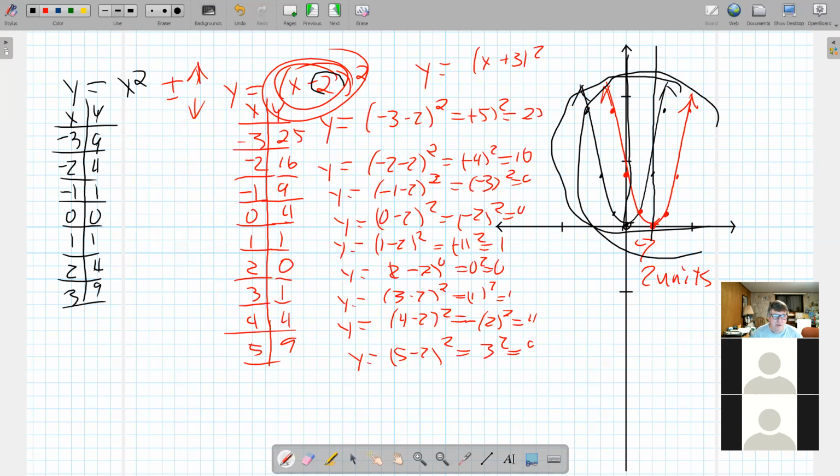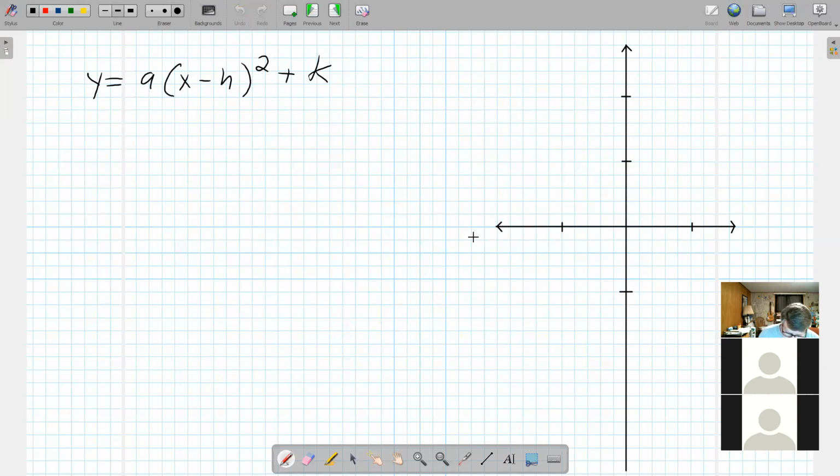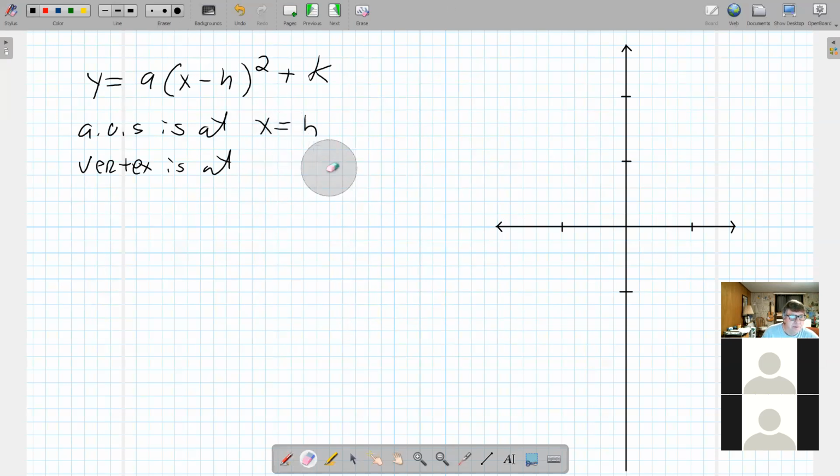Oh, here's that 2. So how does that play into all of this? Well, the axis of symmetry is at x equals h. The vertex is at (h, k).